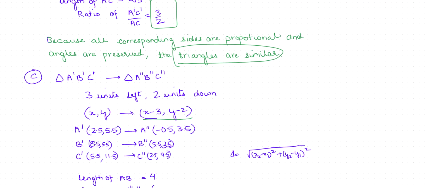So we take the coordinates of A dash, B dash and C dash and we subtract 3 from the x coordinates and 2 from the y coordinates. So these are the coordinates of A double dash negative 0.5, 3.5, B double dash 5.5 and 3.5, and C double dash 2.5 and 9.5.